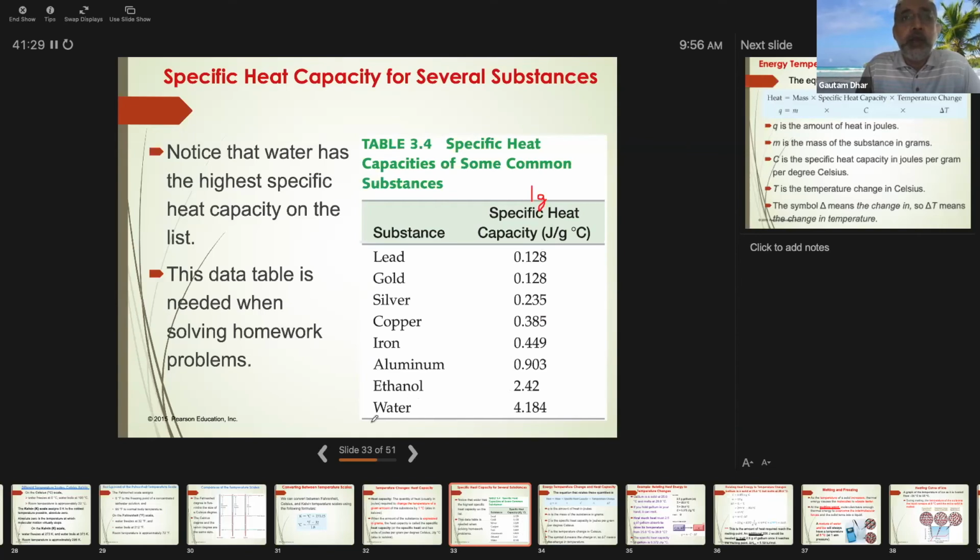So to raise the temperature of water, we have to give 35 times more heat compared to lead, and you are trying to raise the temperature by the same amount. This list also basically follows electrical conductance. Lead and gold are good electrical conductors compared to any of these metals below.